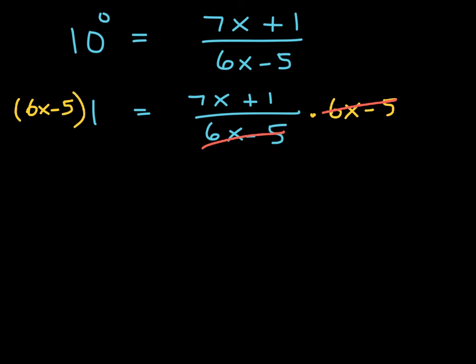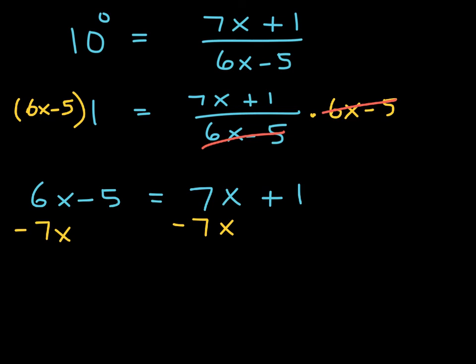6x minus 5 times 1, of course, is just 6x minus 5, and the right-hand side is just 7x plus 1. When you solve for x here, maybe you want to subtract 7x from both sides. That will leave you with negative x minus 5 is equal to 1. And then maybe at this point, add 5 to the right-hand side. Okay.